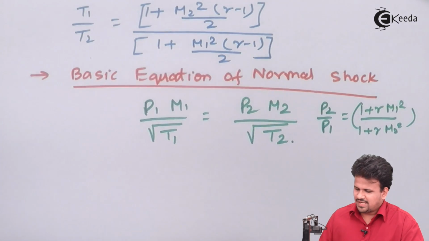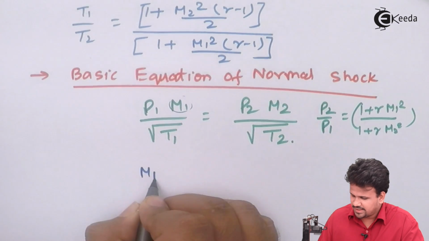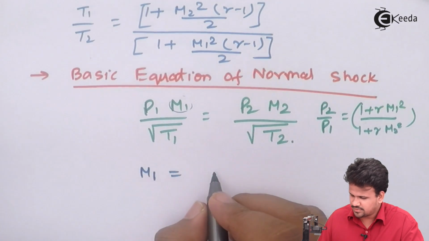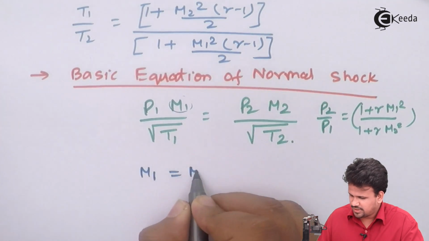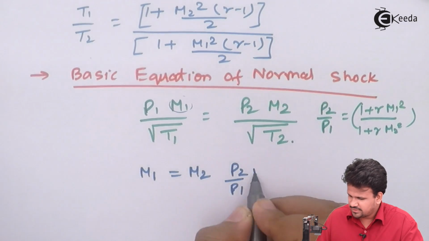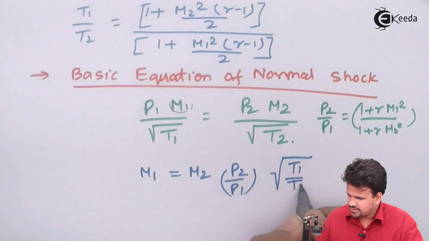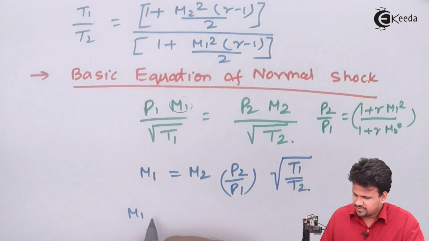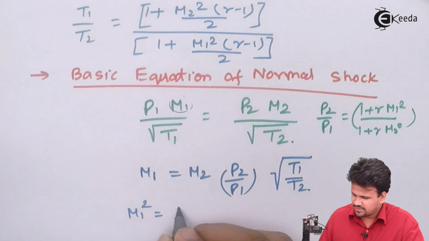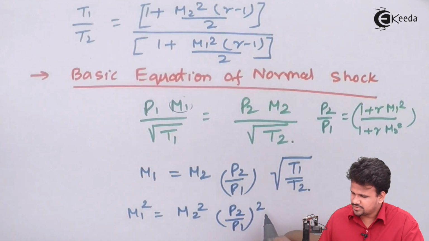If we have to substitute M1 in terms of M2, we get M1 is equal to M2 times P2 by P1 into square root of T1 by T2. So M1 square is equal to M2 square into P2 by P1 the whole square into T1 by T2.